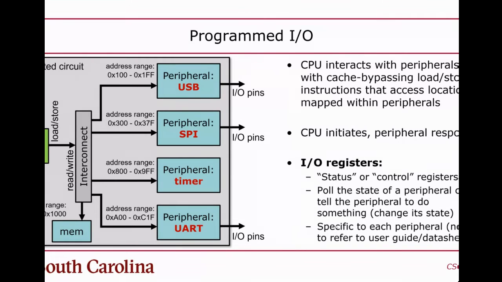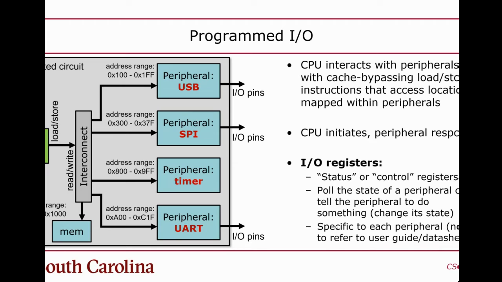Okay, so the first thing we talked about was programmed I/O, which is one of the ways that the CPU can communicate with peripherals, probably the primary way. The idea is that each peripheral has a range of consecutive addresses that the CPU can load from or store to in order to communicate with the peripheral.